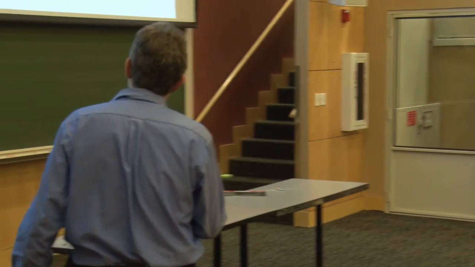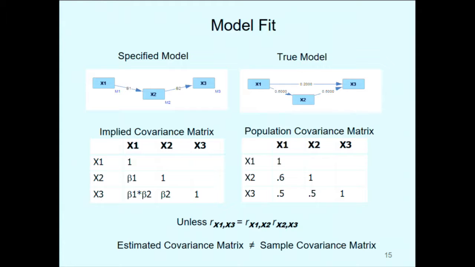Why? Because beta 1 times beta 2 is what you're going to use to predict the x1, x3, right? And 0.6 and 0.5 will recover these, but then it'll make this be 0.3, but it's actually 0.5. You'll be off by 0.2. So you might say, okay, let's adjust these two to make this be 0.5, but then this is going to be wrong, or this is going to be wrong, or both.